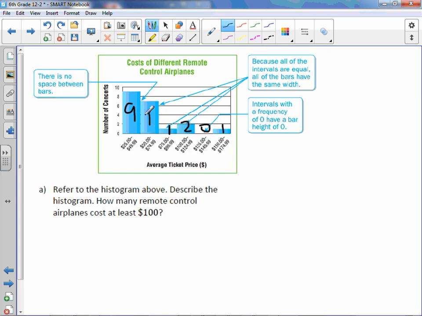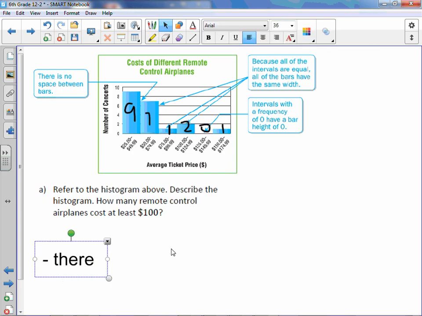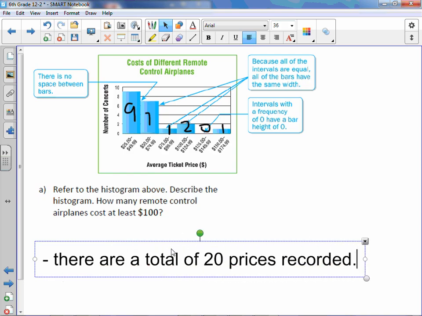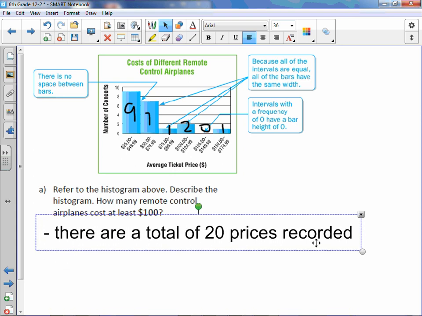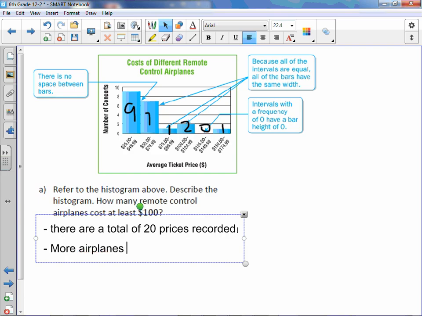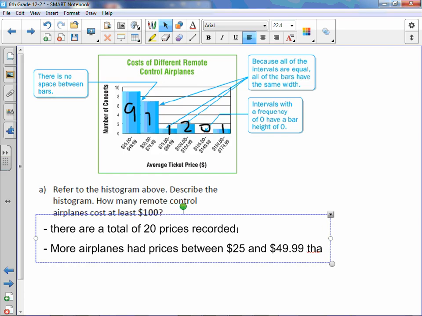So if we add those all up, 9 plus 7 plus 1 plus 2 plus 0 plus 1, I can see that there are a total of 20 prices recorded. That's the first thing I noticed. Also, we can say that more airplanes, we're talking about remote control airplanes here, had prices between $25 and $49.99 than any other interval.